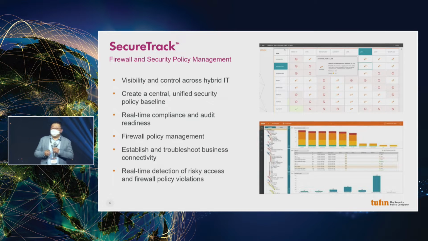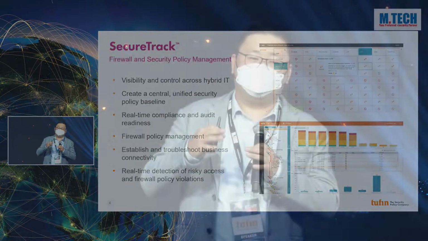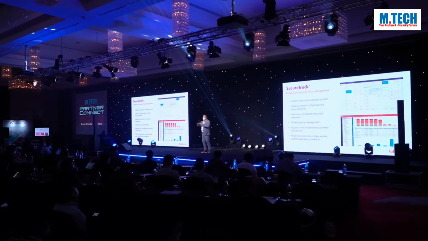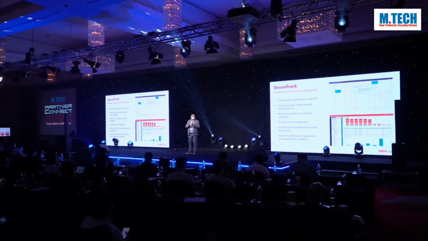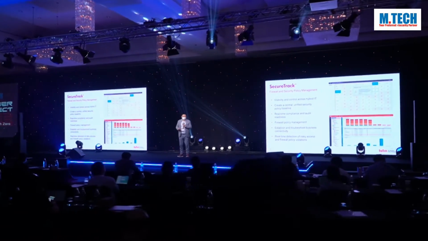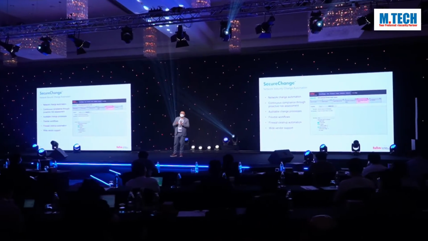The other nice thing with SecureTrack is that whenever we monitor devices, we create a network topology to help administrators understand the path from a source to a destination: which firewalls and which routers with access control lists are along the path. Then we can help the administrator troubleshoot very quickly just by running a path analysis using the Tufin tools.